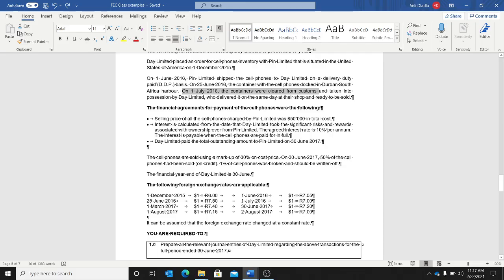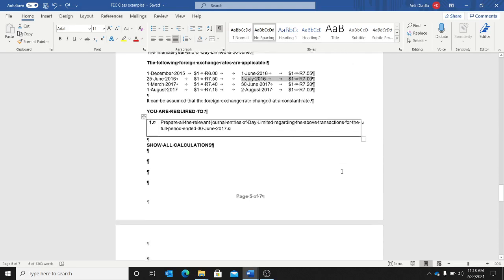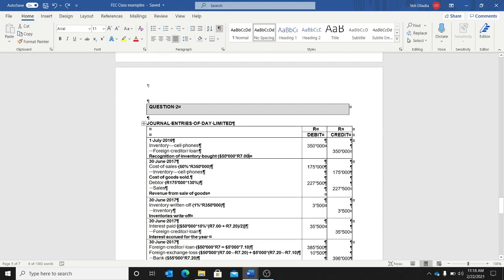So it's 50,000 multiplied by 7, you see here. $1 equals 7 rand on that date. It gives us this here, the debit. Anything that you buy for resale becomes inventory in your hands, okay? So you see, that is the transaction date. So we've demonstrated DDP and CIF.